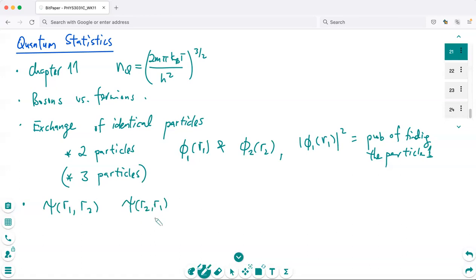All right, and I look at the system and come back and remind myself that I'm really talking about identical particles. Therefore, after I swap them, I cannot really tell the difference between them. So I can put the equality here. Can I convince you that this is the case? Do you buy this? Yes or no?